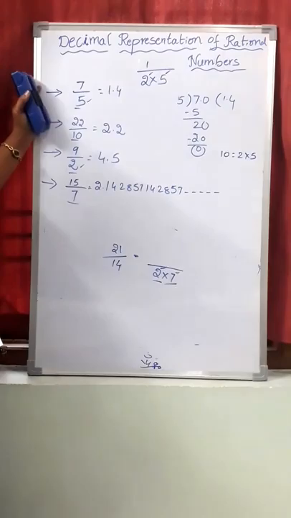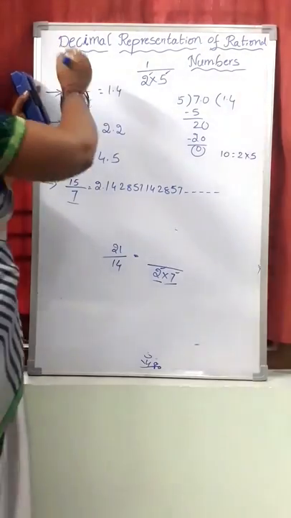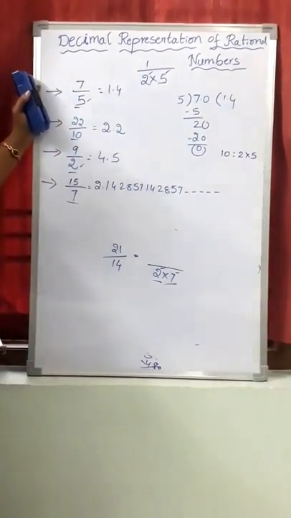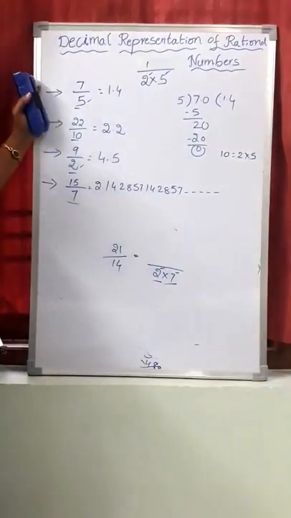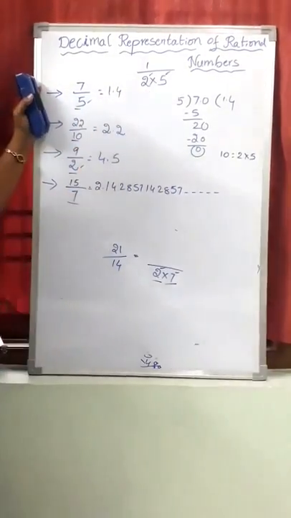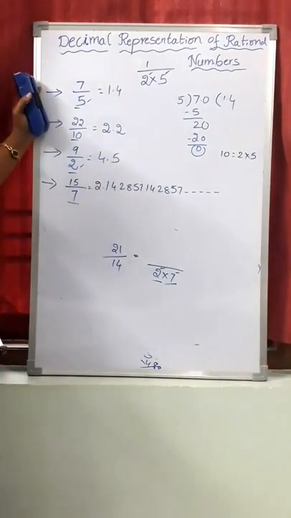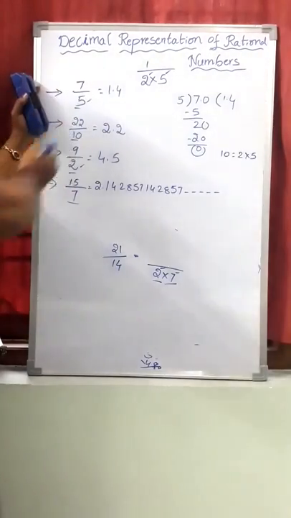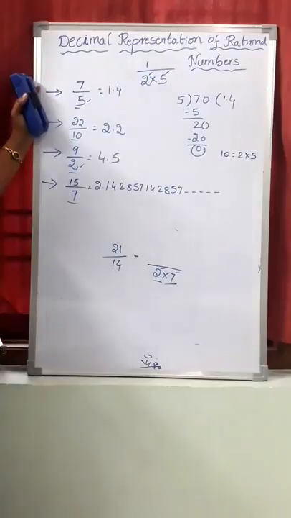Okay, understand the concept once again. How can we identify whether the given rational number is a terminating decimal or a non-terminating decimal? If you do the prime factorization of the denominator, and the denominator does not have any other prime factors except 2 and 5, then we can say that those rational numbers are terminating decimals.